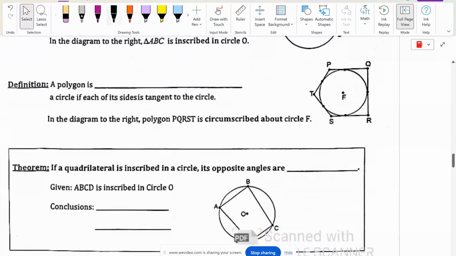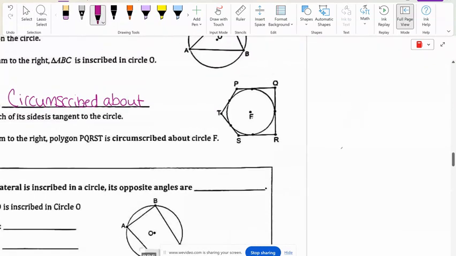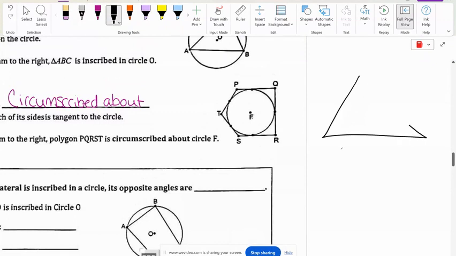A polygon is circumscribed about a circle if each of its sides is tangent to the circle. So for example, if I wanted to draw a triangle circumscribed about a circle, it would look like this, where each of the sides of the triangle are tangent to the circle.